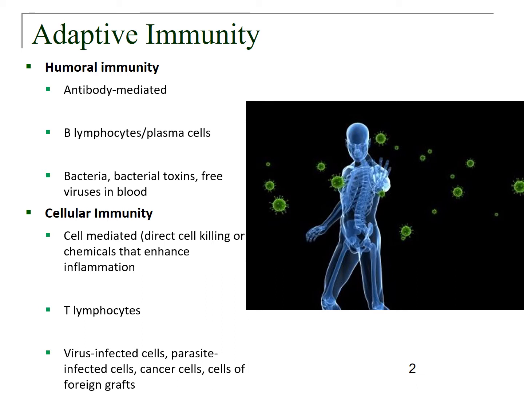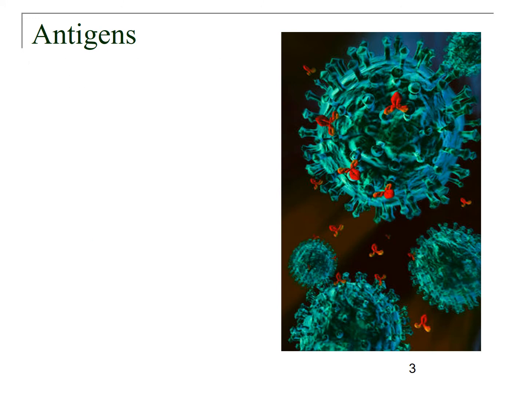Now, I realize that the T lymphocytes sound very much like what you've heard about natural killer cells, but we're going to talk about the specific differences between these T lymphocytes and the natural killer cells later on in the presentation.